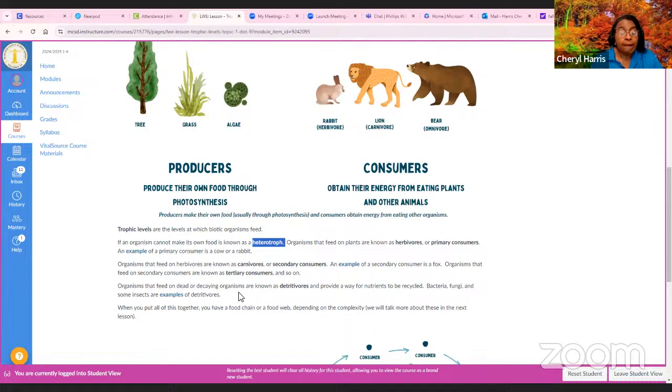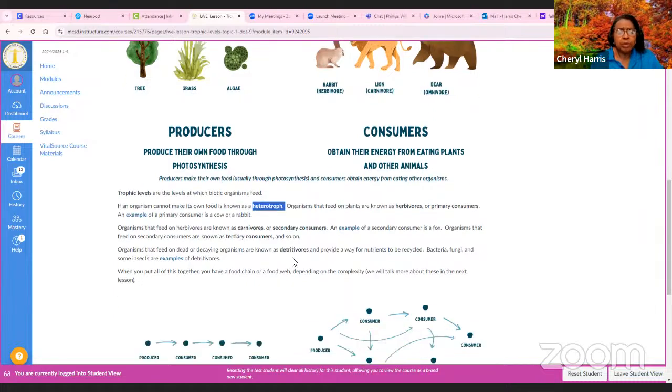Then they go on to talk about detritivores, which can also be our decomposers. They're the ones that break down or decay all of the living things. When they decay, they add nutrients back to the soil, gases back into the atmosphere, that sort of thing.